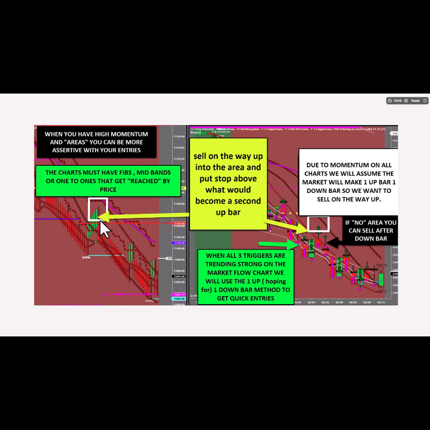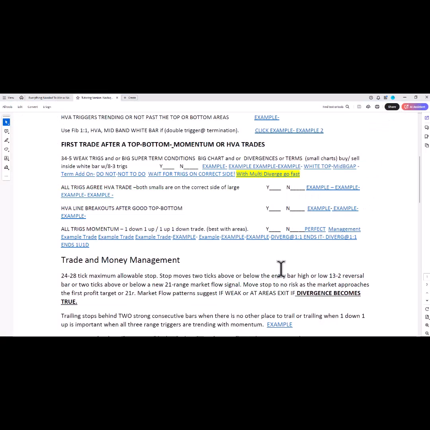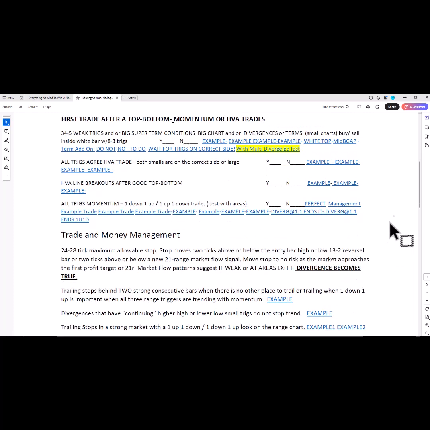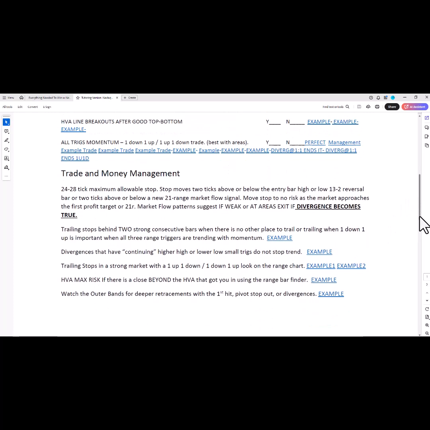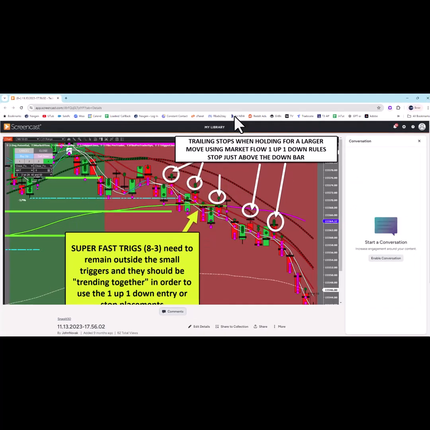If you have an area, it's better. But if you've totally broken through and you're on your way to an area that you should probably get to based on all three charts trigger lines, one up, one down is the way to go. And the other part of it is too, I use this a lot in the NASDAQ for management. So I will post them.